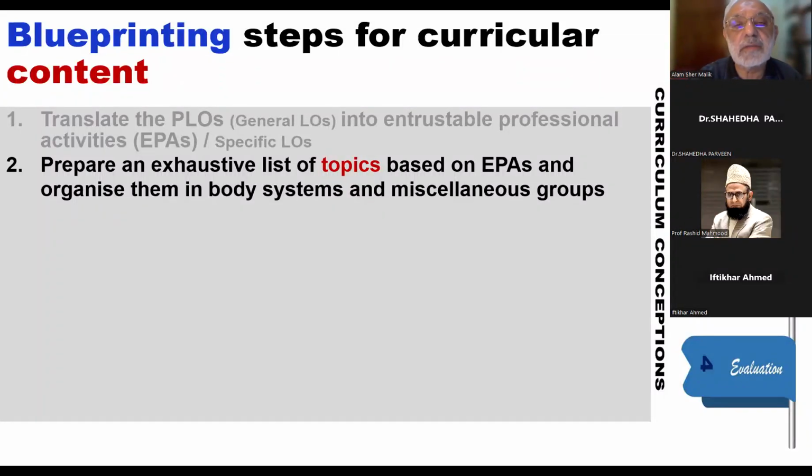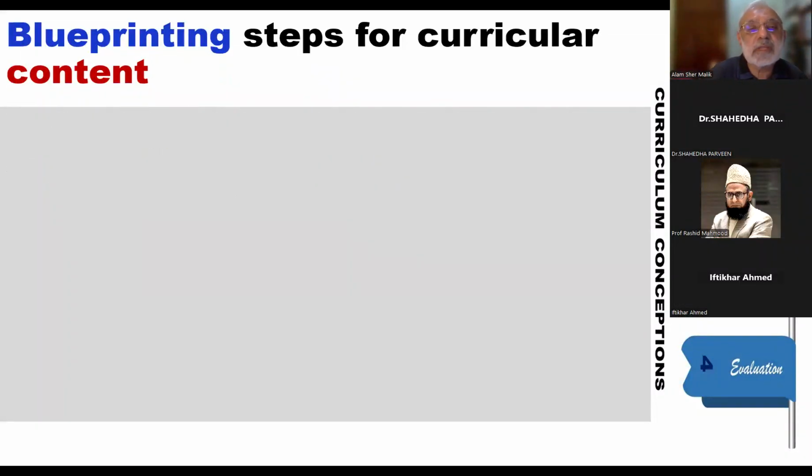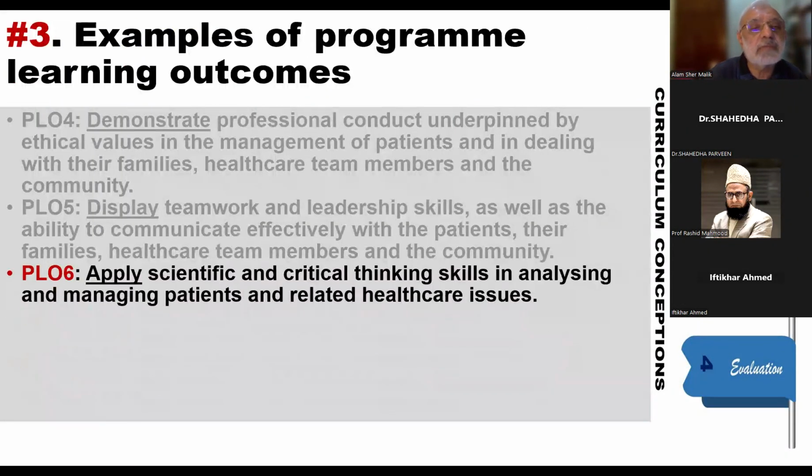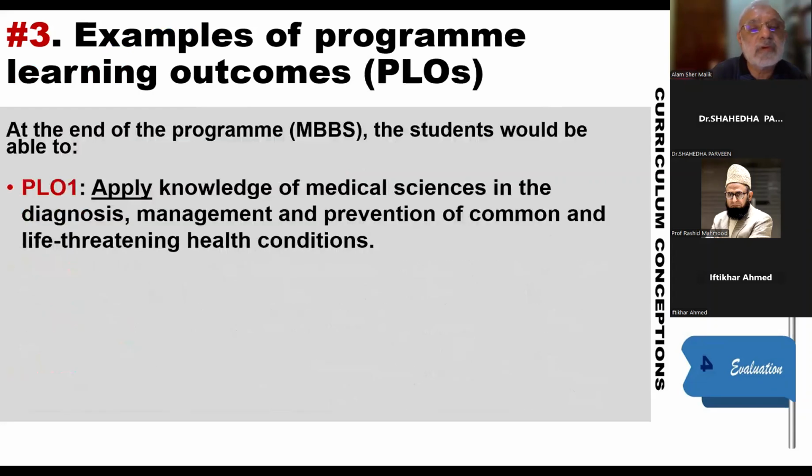Whatever the conditions we have identified, I'll give you an example to explain it further based on the program learning outcomes. For example, here we have the first program learning outcome: apply knowledge of medical sciences in the diagnosis, management, and prevention of common and life-threatening health conditions.